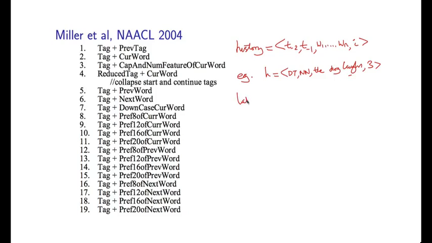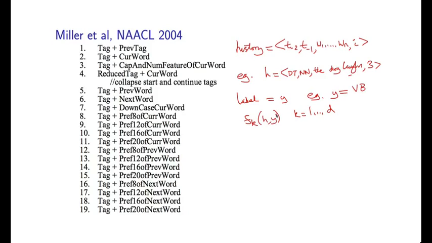The label, which is y, is going to be some tag. For example, we have y equals verb maybe. And we have a feature vector definition, so we have a set of features fk(h, y) for k equals 1 to d, where d is the number of features. And these are generally questions about the history in conjunction with the label y.